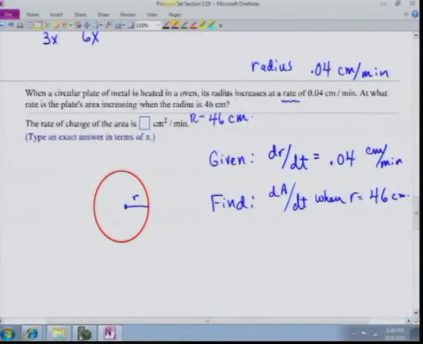It's asking for the exact value of pi. So I should just do the numbers and then leave it with pi.